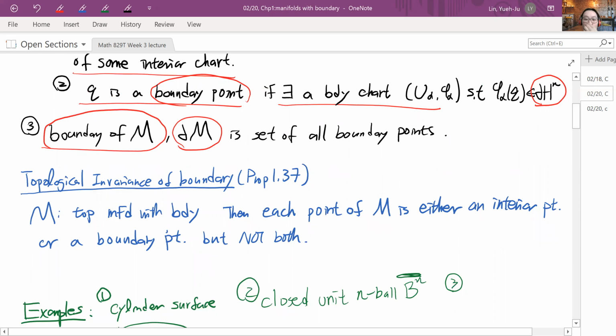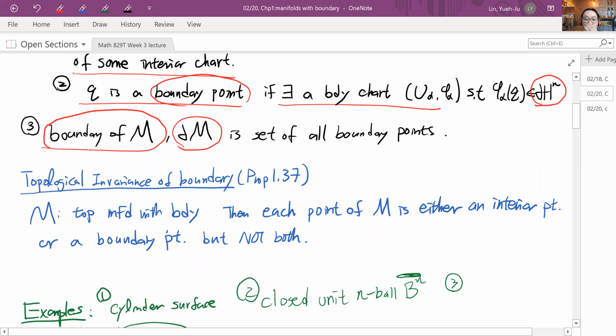In geometry, to define a well-defined property, you need to make sure it's independent of the chart you choose. A coordinate chart essentially assigns a coordinate to this abstract manifold, and you don't want the property to change once you change coordinates. So we ask: if I have a boundary point with respect to one chart, is it still a boundary point with respect to another chart?